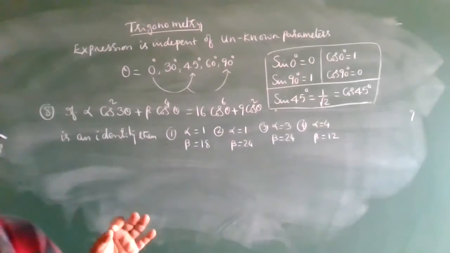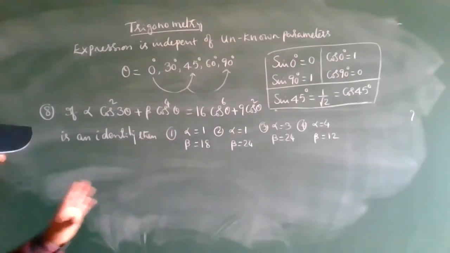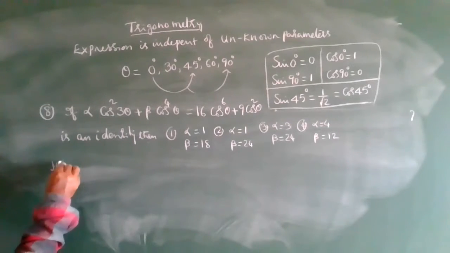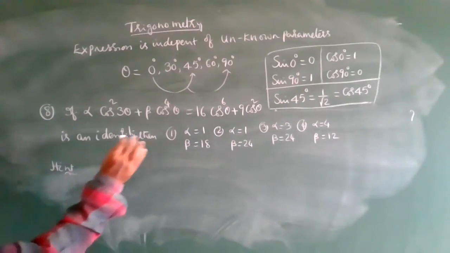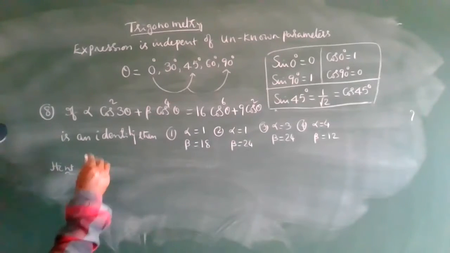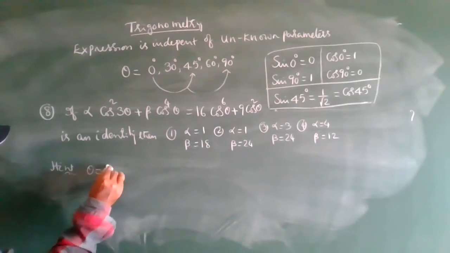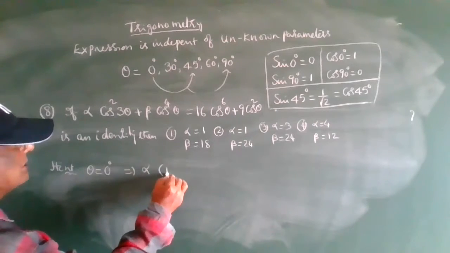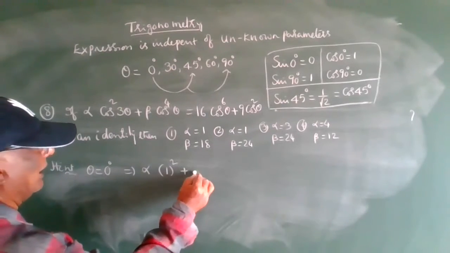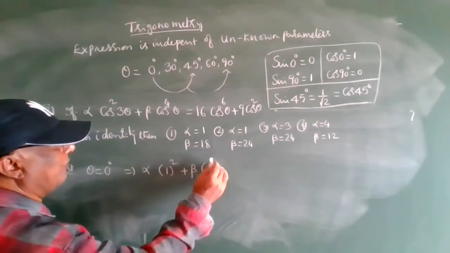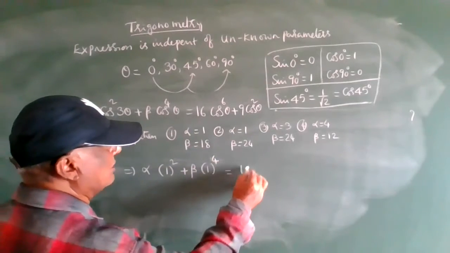Identity means constant value. So for the first one, I want alpha value and beta value. Don't substitute in place of alpha, beta. In theta's place substitute 0 degrees. Alpha into cos 0 degrees value is 1. Beta into cos 0 degrees value is 1, power of 4 is equal to 16.